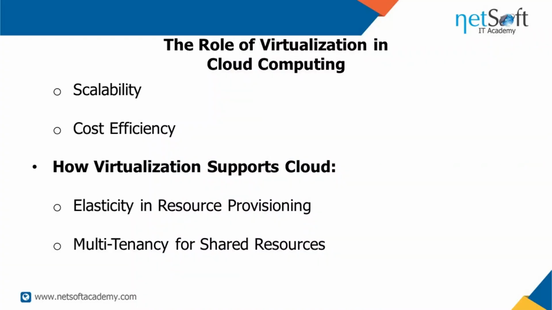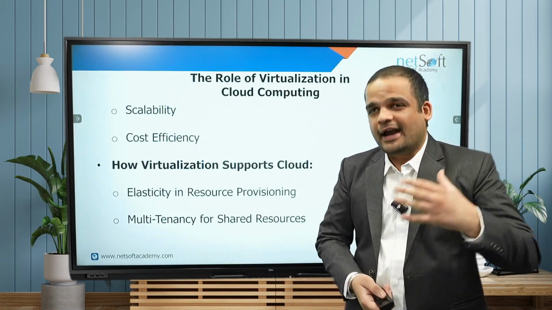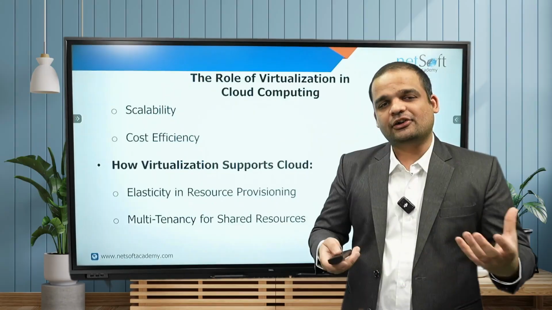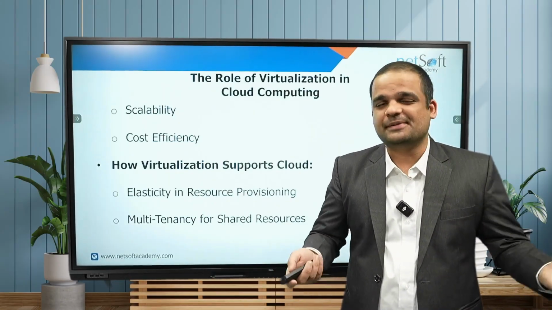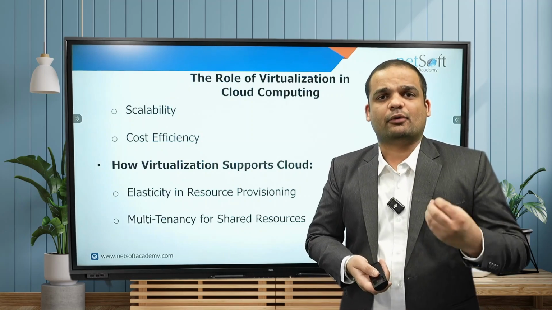Now, how does virtualization support the cloud? Well, elasticity and resource provisioning. Remember, a lot of concepts will come again and again because overall they are using some major principles. So, what is elasticity and resource provisioning?